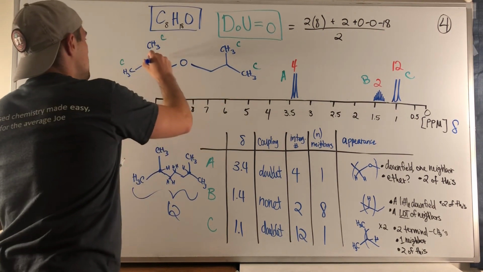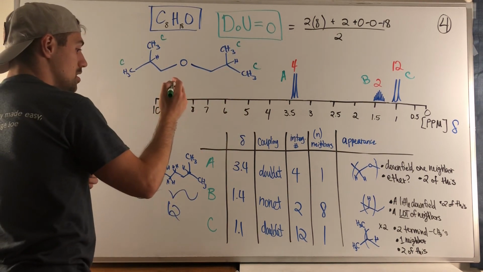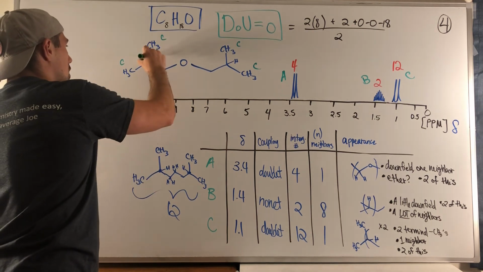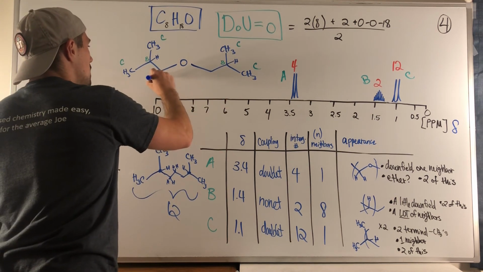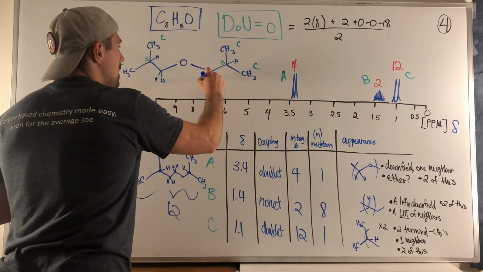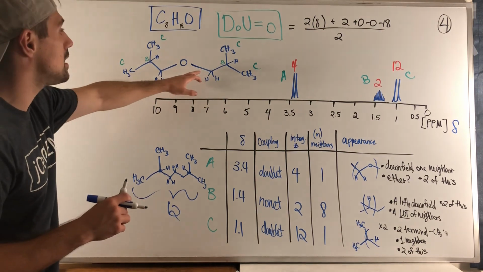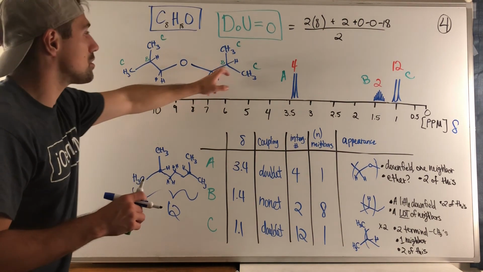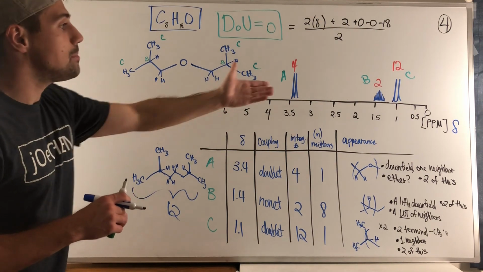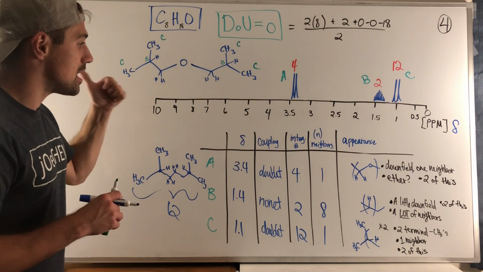Then we have these hydrogens right here, which I'm saying correspond to B, our integration of 2. And if I fill these in, we can check the splitting pattern, right? Maybe it is slightly downfield because of the oxygen being so close. Of course, these hydrogens will be more downfield than this, but we're only 2 carbons away, so it makes sense that it is a little bit more downfield from 1. So I think that is a thumbs up.